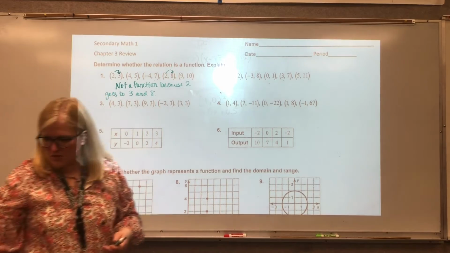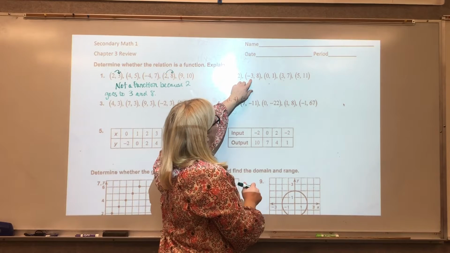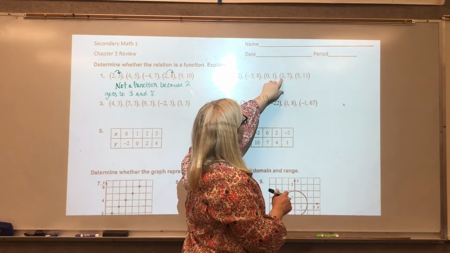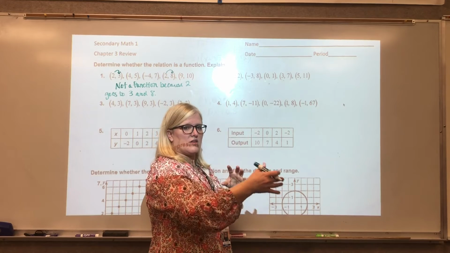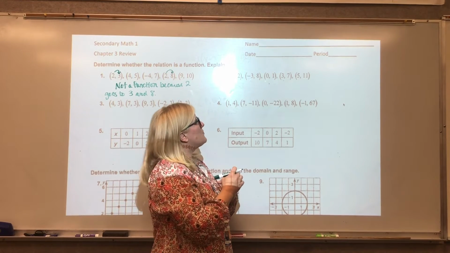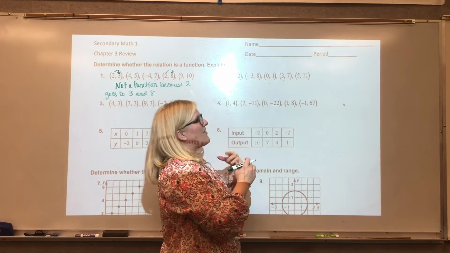Okay, so let's look at number 2. We've got -5, -3, 0, 3, and 5. So it looks like they all have their own number that they're going to. And even if the output numbers are repeated, that's okay.